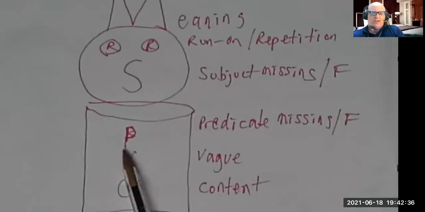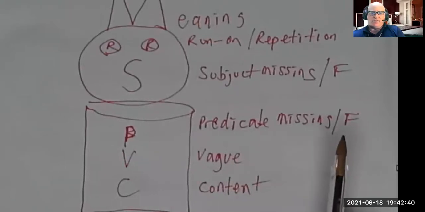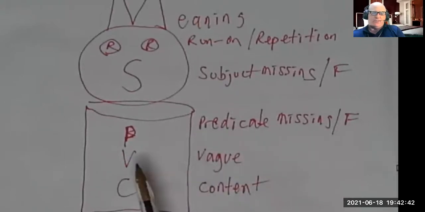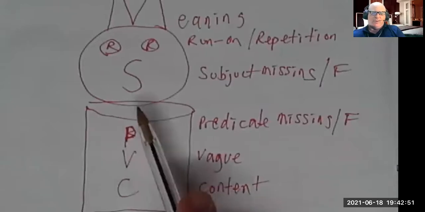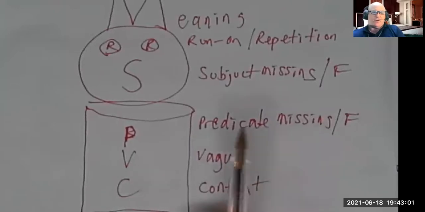If the predicate P is missing, it would also be called a fragment, so we eliminate it. If the answer that is there is too vague, if it's not specific enough, we're going to eliminate it. Or if whatever we wrote changes the content that the paragraph or the sentence was about, then we would eliminate it.